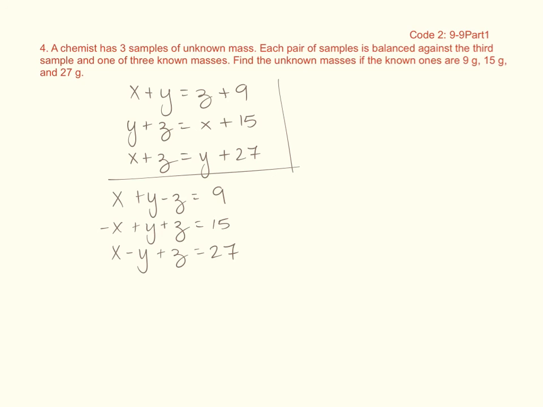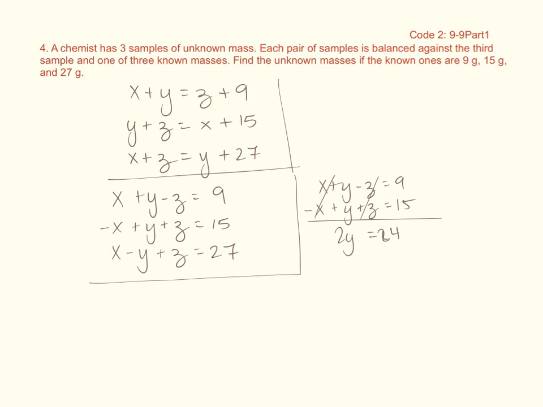And so to solve this, I am going to add the first and second equations together. And my x's cancel out, and so do my z's, so I'm left with 2y equals 24.